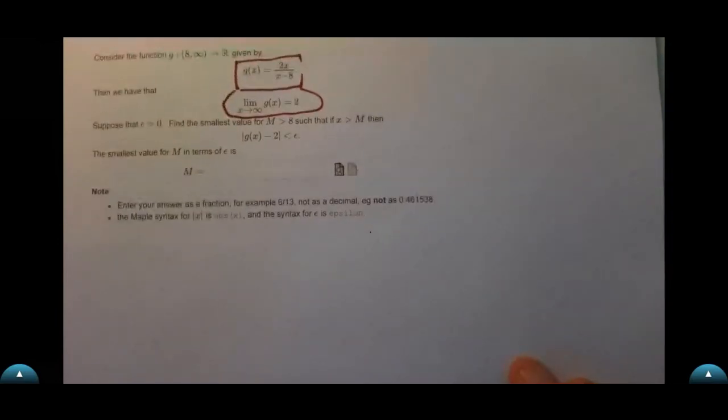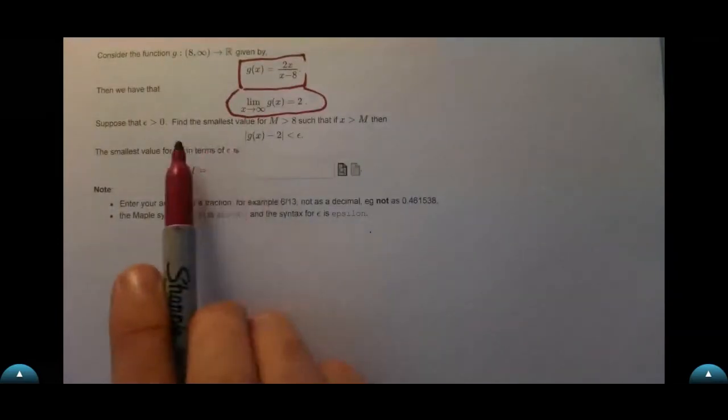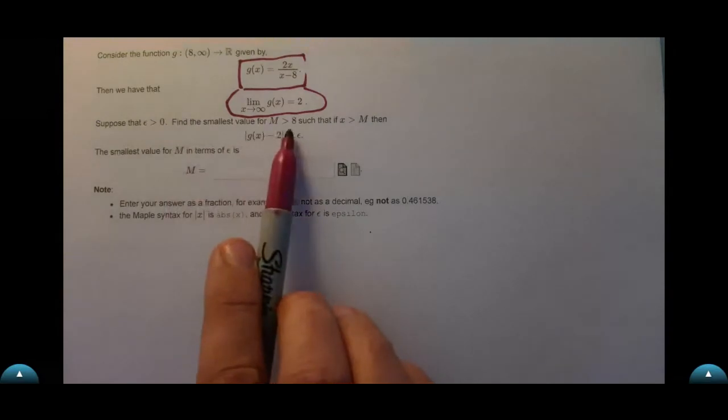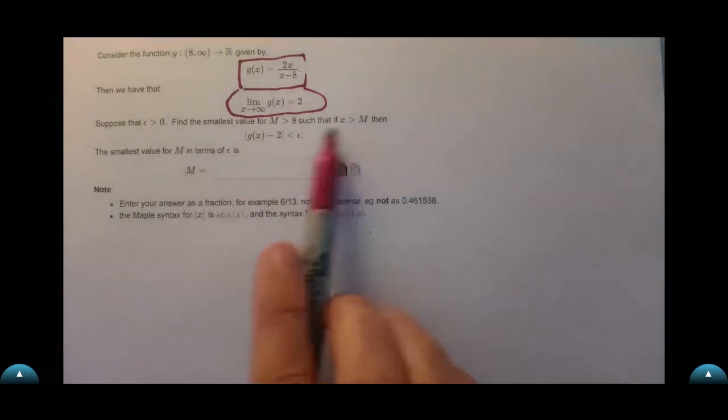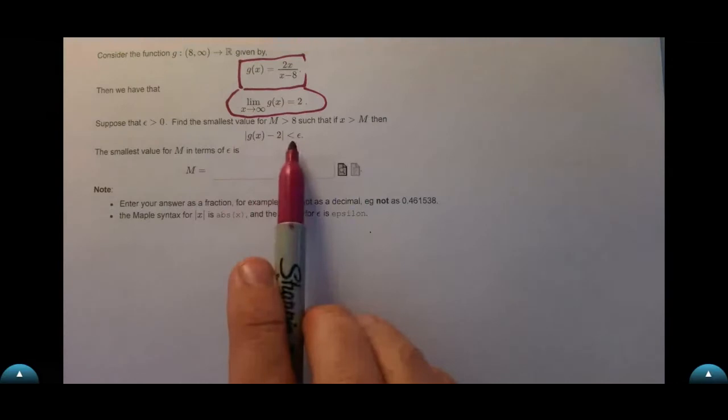Yes, that's right, Hulan. This is the formal definition of a limit. I know it's probably a bit hard to see on my screen, but let me see if I can get in there a bit better. Okay, all right. So find the smallest value for m greater than 8, such that if x is bigger than m, this distance is small, and then they want you to enter it. Okay, so you're on the right track.